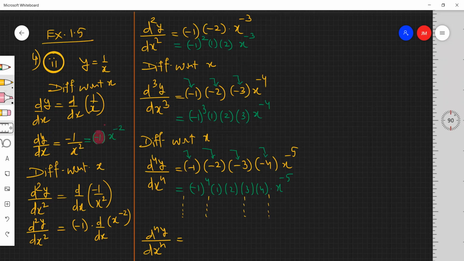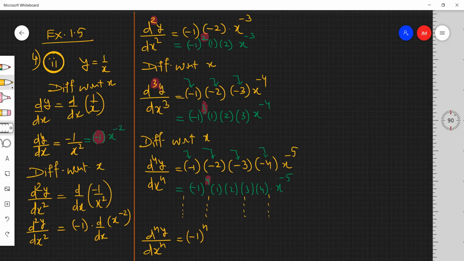For the second order derivative, I have minus 1 power 2. Third order derivative, you have minus 1 power 3. Fourth order, you have minus 1 power 4. So what I understand is that for the nth order, I'll have minus 1 power n.